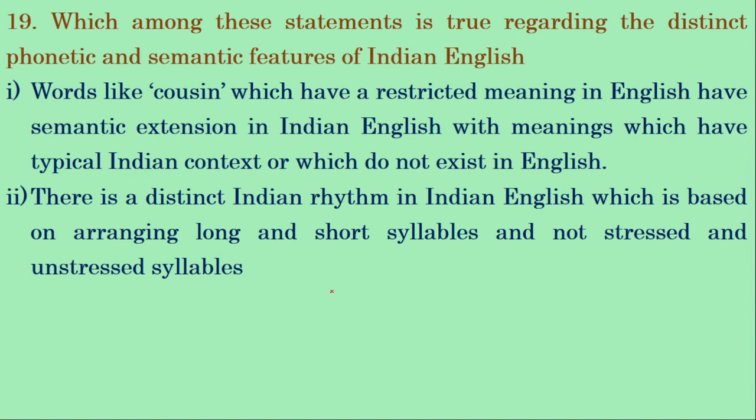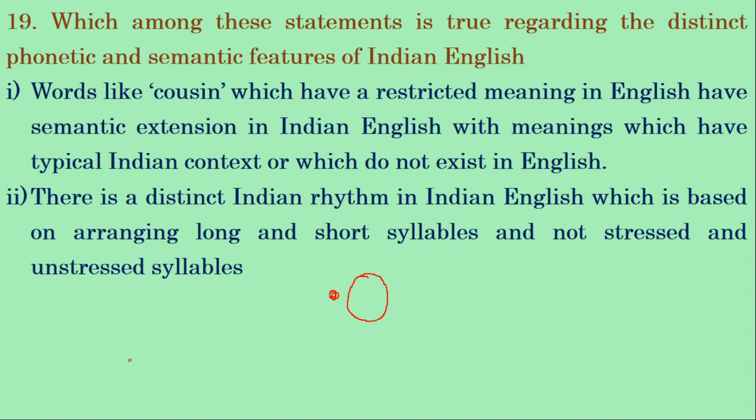In English it is used in a limited sense, but in India it is used in a wider sense. So it is basically one feature. Second is, there is a distinct Indian rhythm in Indian English which is based on arranging long and short syllables and not stressed and unstressed syllables. In English language we have a stress and unstressed pattern and that creates a rhythm.